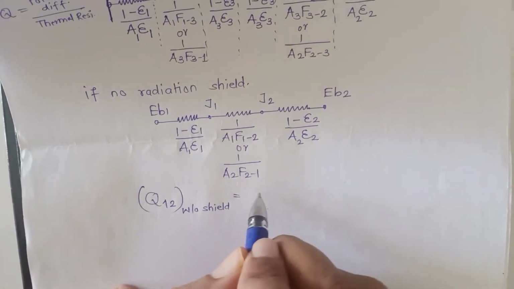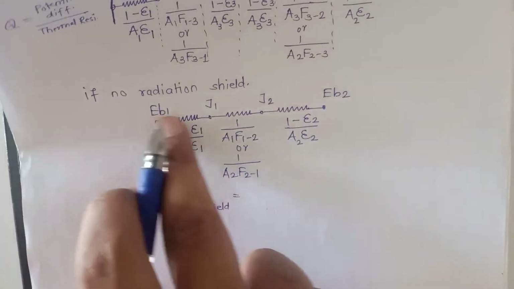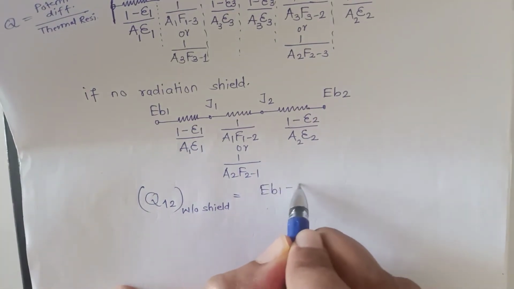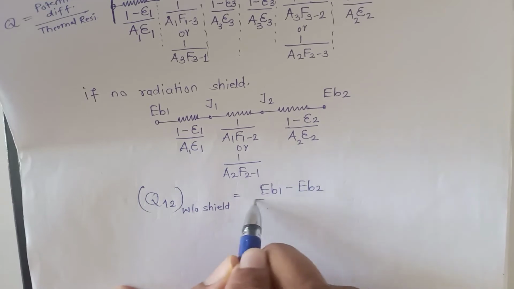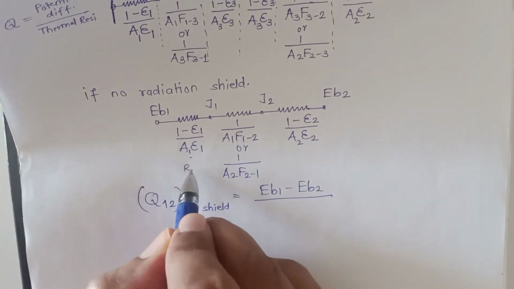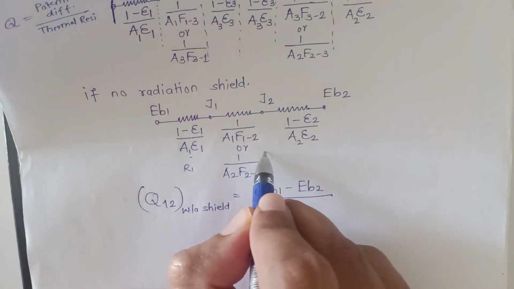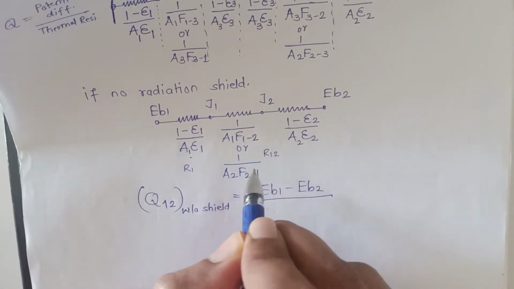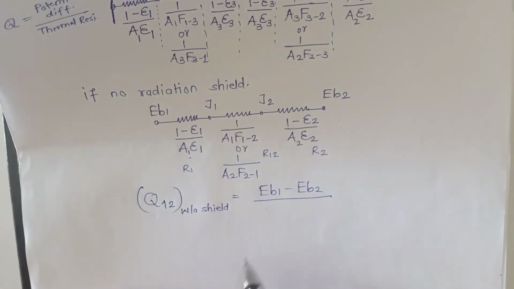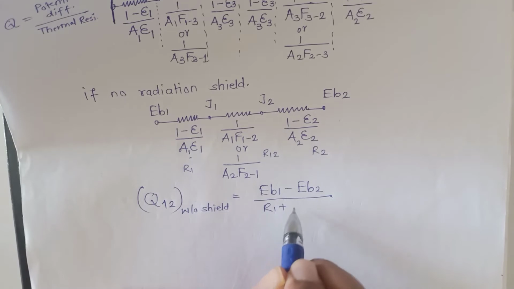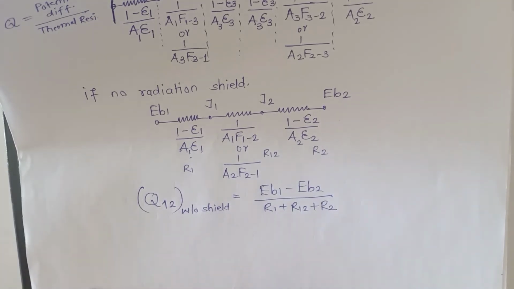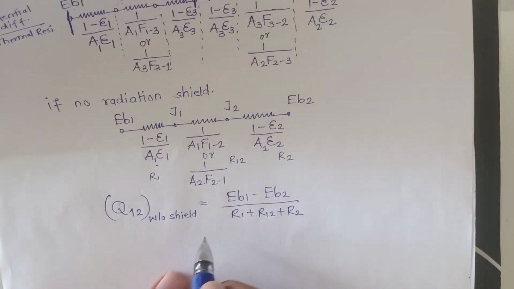Then it will be equal to the potential difference between the two terminals, that is EB1 minus EB2, divided by the first one, the surface resistance, which we call R1. This one is the space resistance, so we call it R12. And this one is for only one surface, so this is R2. So this will be R1 plus R12 plus R2. Now we can quantify it.